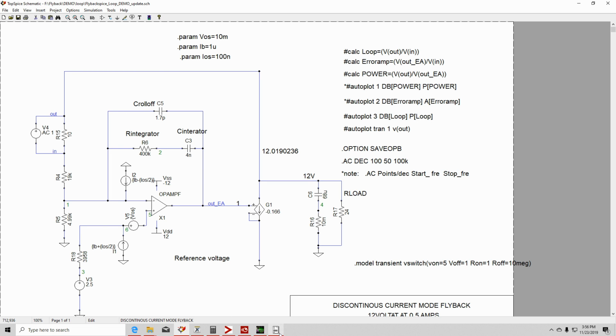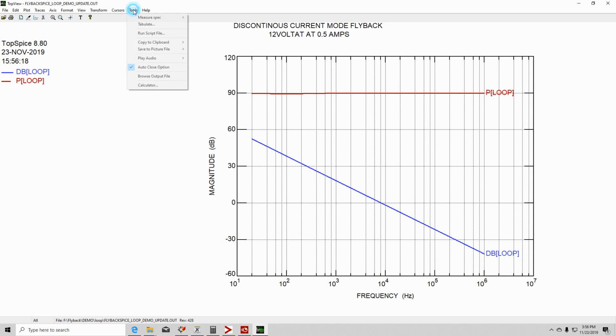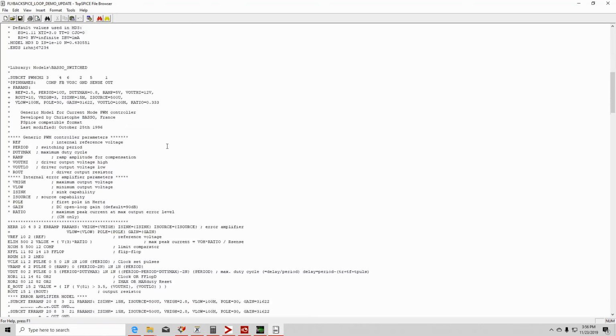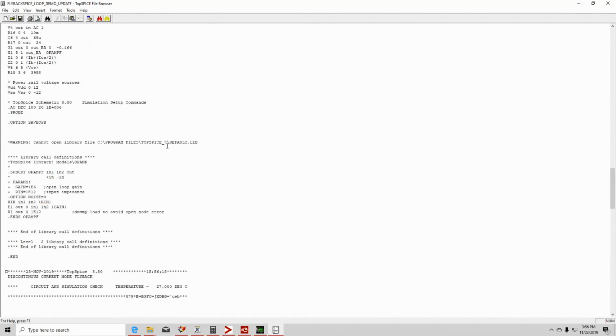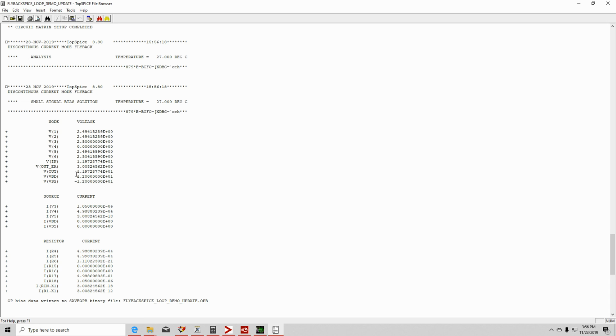Okay, and we'll close this as the previous answer. So go to Tools, Browse, the output, and we go to Out. Here is Out.